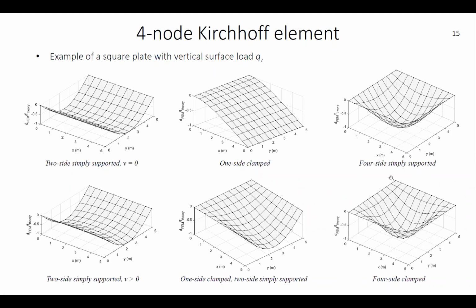And the final case, if we have a four-side clamped slab, so we also constrain the rotations at all of the sides, we have this displacement field instead. So these are some examples of how to test these elements. You can also try this using commercial software, say Abaqus, to test the elements for known cases to see how well they perform.